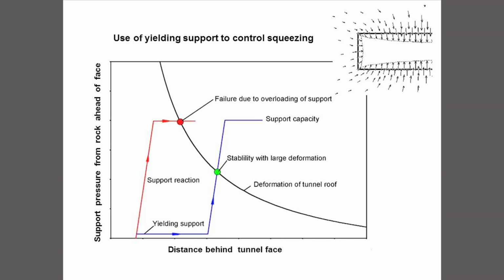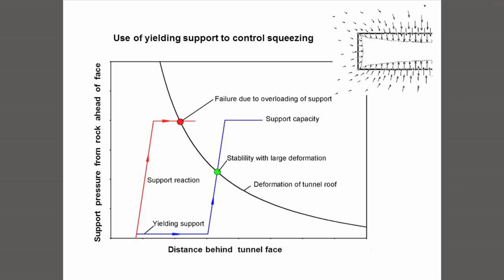Now, if you put your support in too early, the danger is that the capacity will be exceeded. So if you put in, say, steel sets or shotcrete lining, it would have to be very heavy indeed, to accommodate the support pressure you need to stabilize the tunnel. How do you get a meter of concrete into an advancing tunnel? You can't.